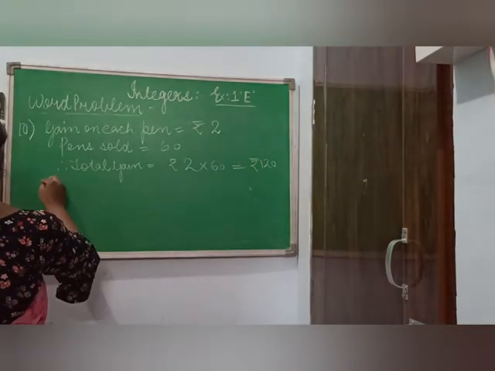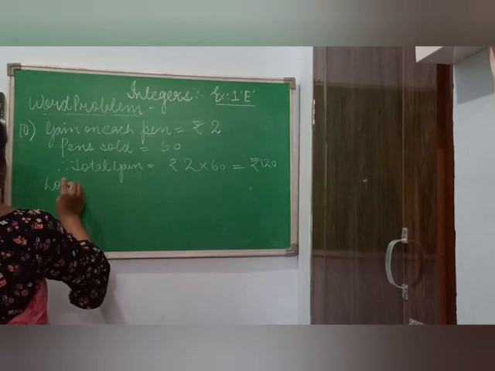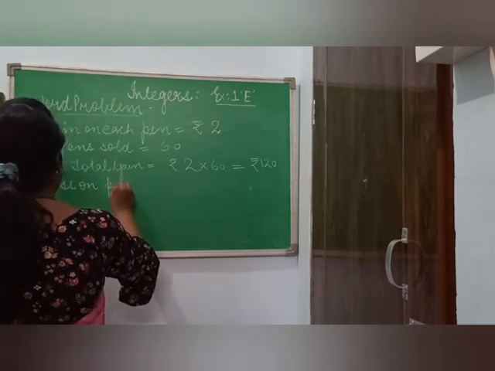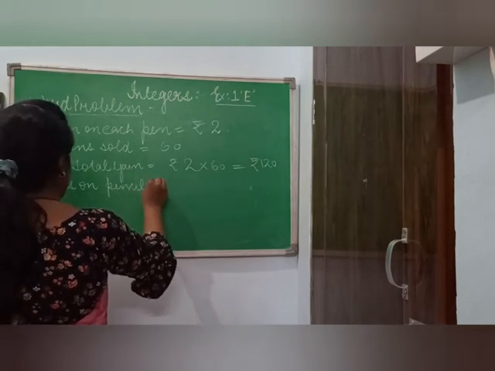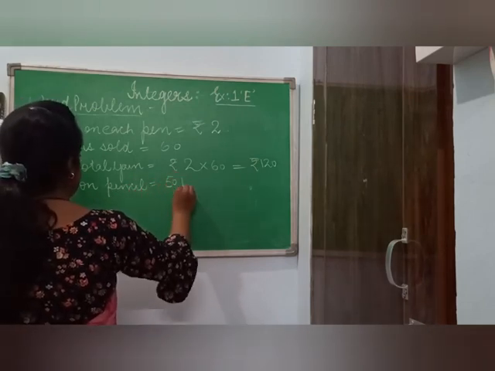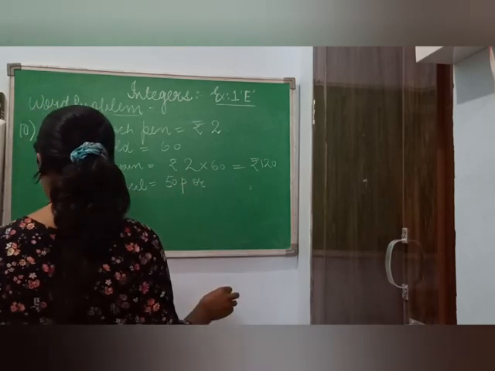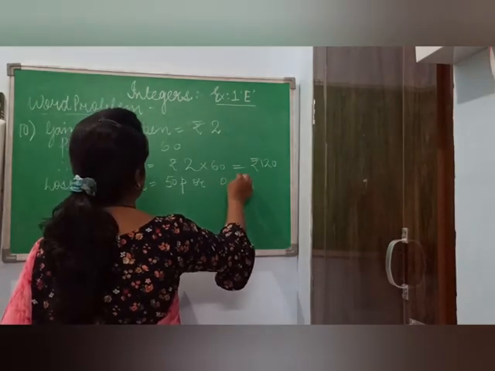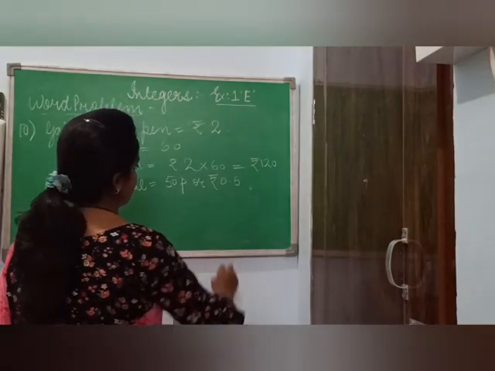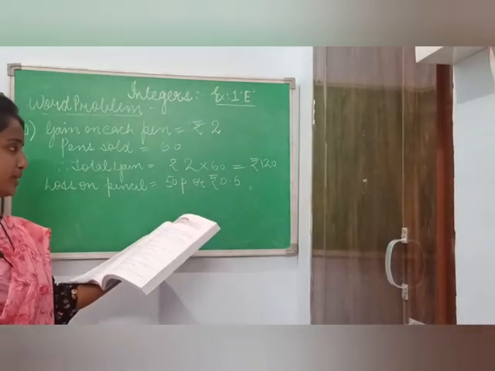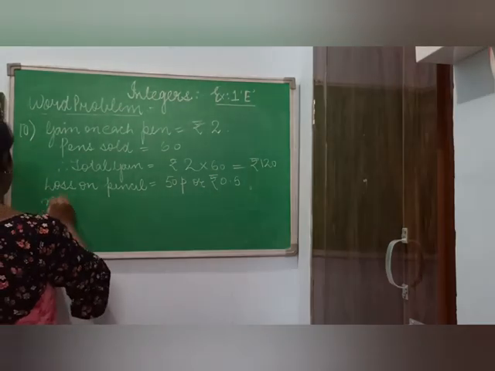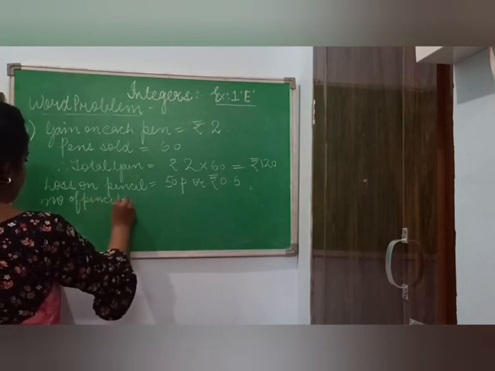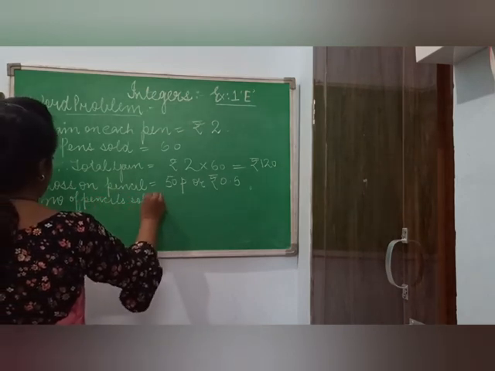Now, loss on pencil. Loss on pencil is 50 paise, or instead of 50 paise we can take 0.5 rupees. Now, number of pencils sold.